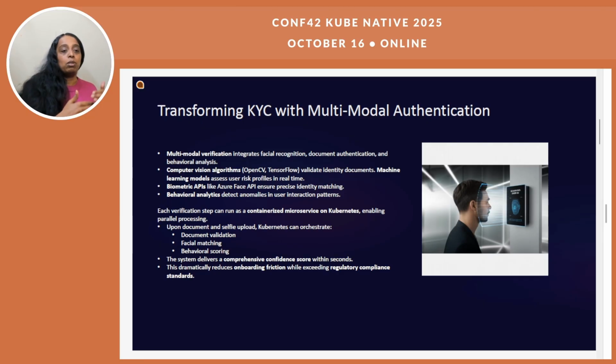So when a user uploads the identity document and a selfie, for example, for this picture, Kubernetes orchestrates simultaneous document verification or validation and the facial matching with the behavioral scrolling, delivering a comprehensive confidence score for risk assessment in seconds rather than hours. That dramatically reduces the customer onboarding friction while exceeding regulatory compliance standards.